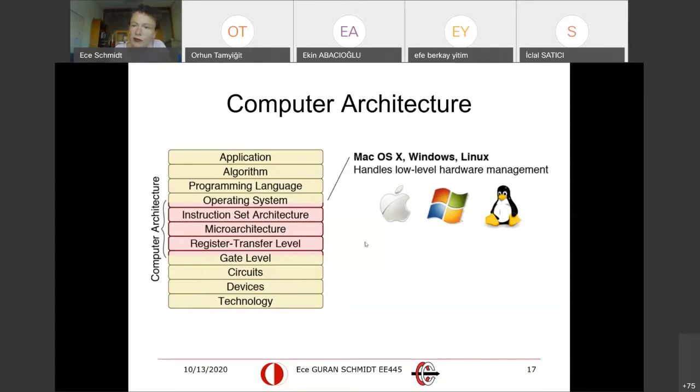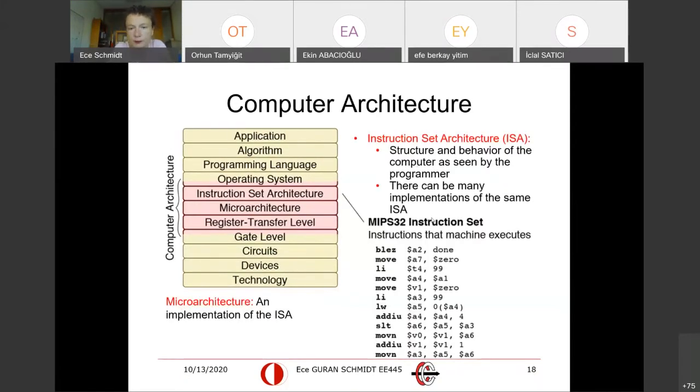Now we are coming to what we are talking about in this course. There is a concept called the instruction set architecture. The idea is that it expresses the structure and the behavior of the computer as seen by the programmer of the high-level language. So the structure is that of the so-called assembly language, the instructions and so on.